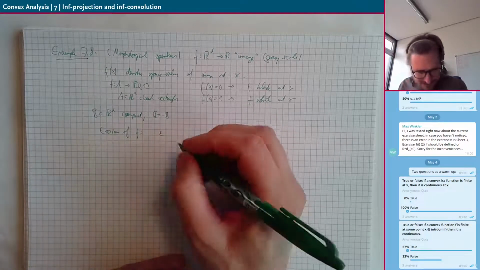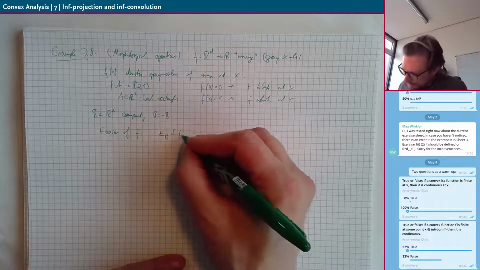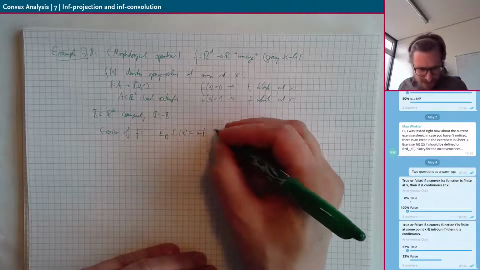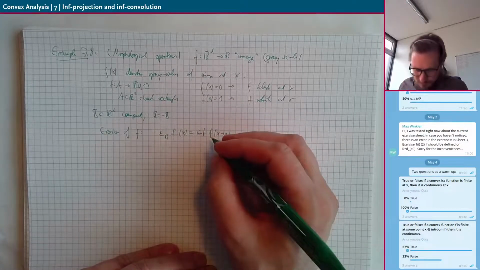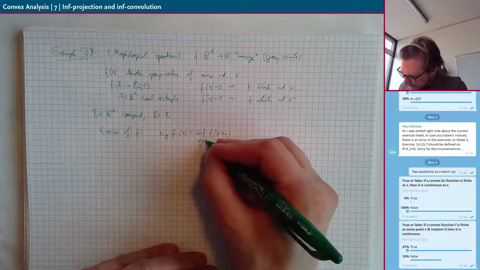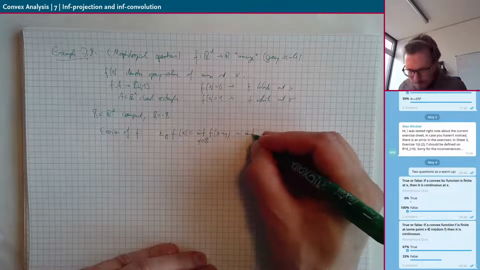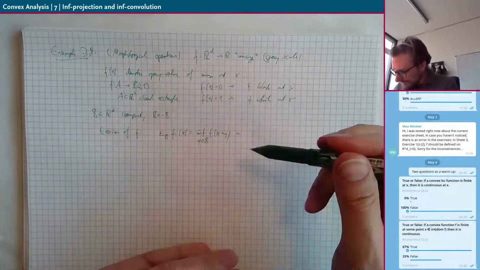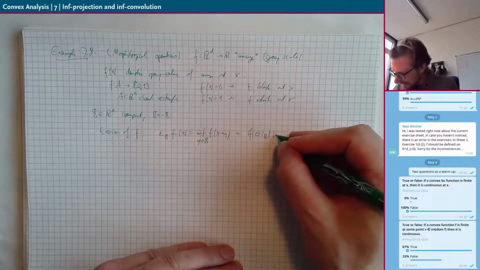They used to call it epsilon_B of f, and its value at x is the infimum of f of x plus y over y in the set B. This is exactly an inf-convolution of f and the indicator function of B at x.